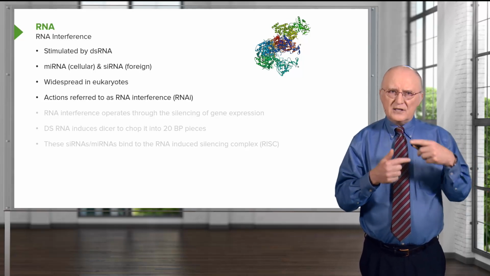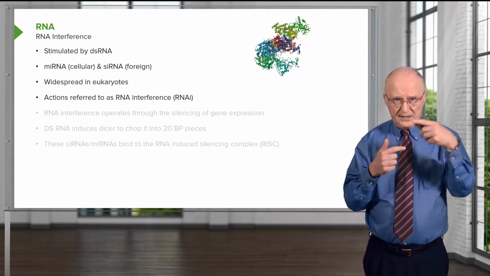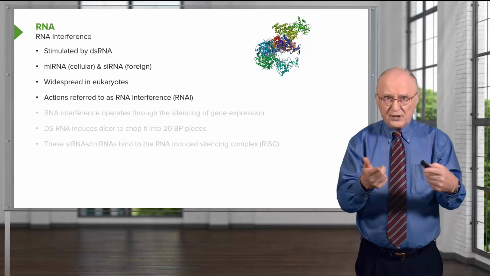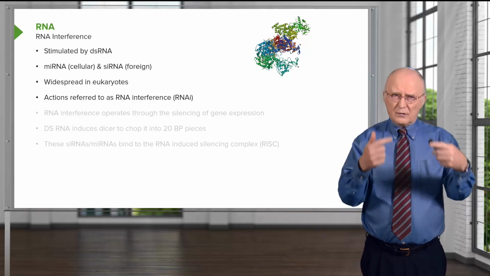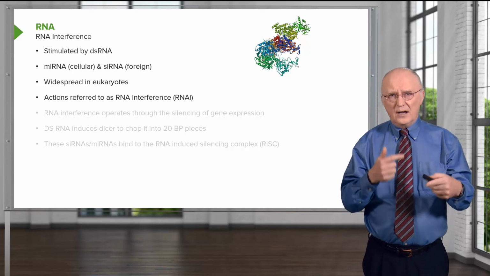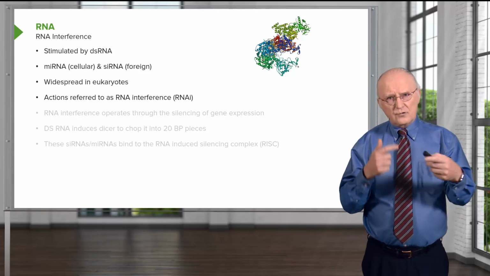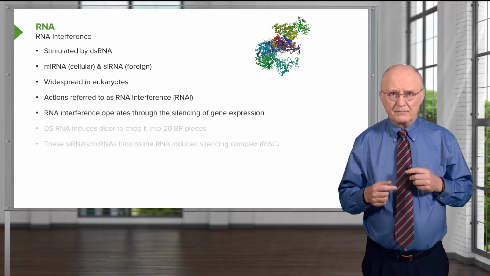The ability to use this technology to target and specifically stop the production of certain proteins allows a researcher to do incredible things, but more importantly, it allows the cell to both protect itself from invaders and also to control its own gene expression.